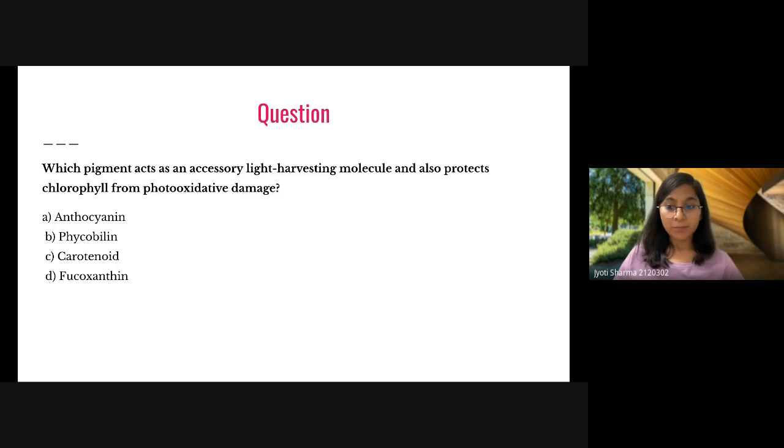Out of these four options, you have to tell me the one option. These options are anthocyanin, phycobilin, carotenoids, and fucoxanthin.